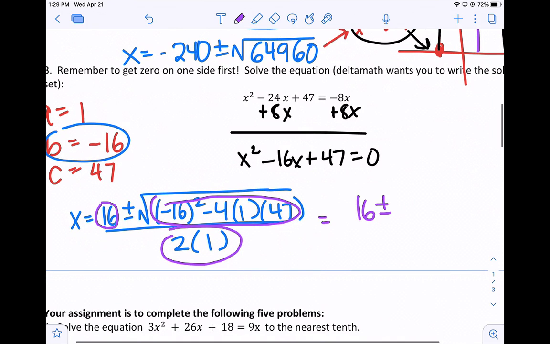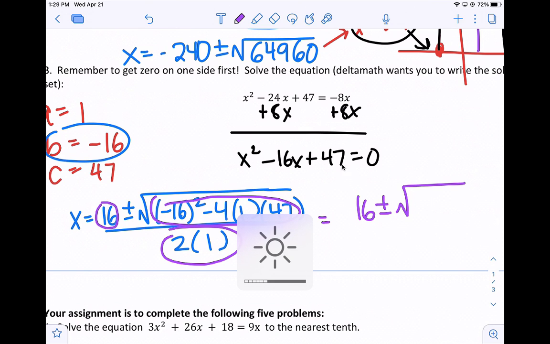So 16 plus or minus the square root of, and I'll do parentheses, negative 16 squared. And again, the parentheses are important because a negative times a negative is a positive, and if you don't tell your calculator that it's this negative 16 that you want to square, it'll do 16 squared first and then multiply by negative 1.